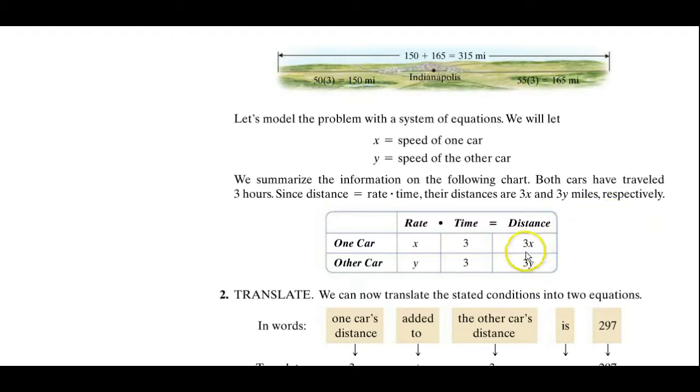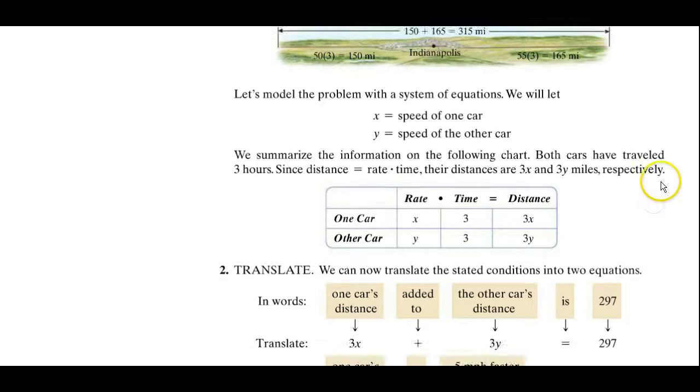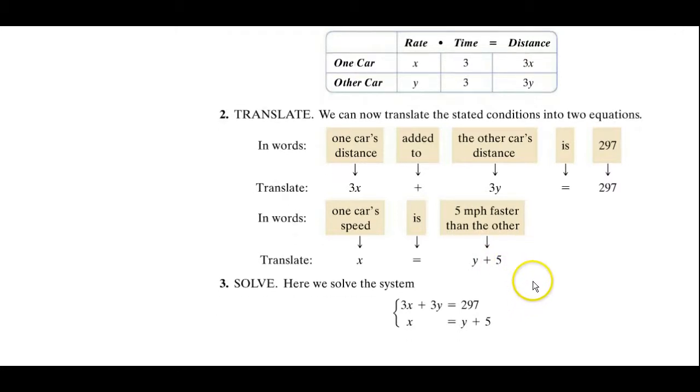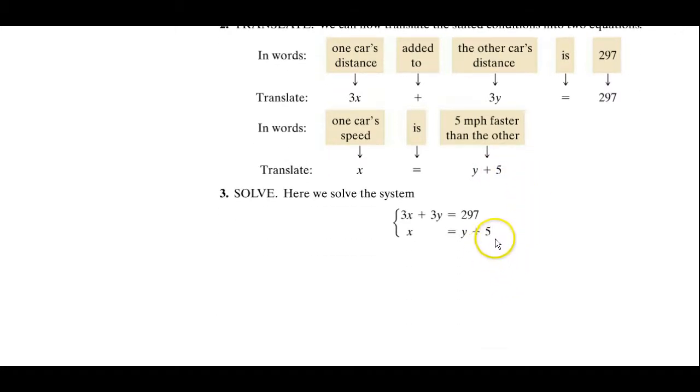So there's our first equation in a sense, because this car's distance plus this car's distance is going to be that. So 3x plus 3y, in fact, let's just move it up here. In this case is going to be 297. And we know that one car's speed is x and the other one is y plus 5. So there are our two equations.